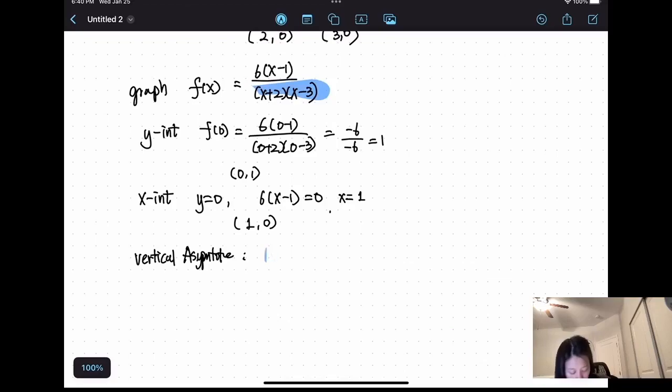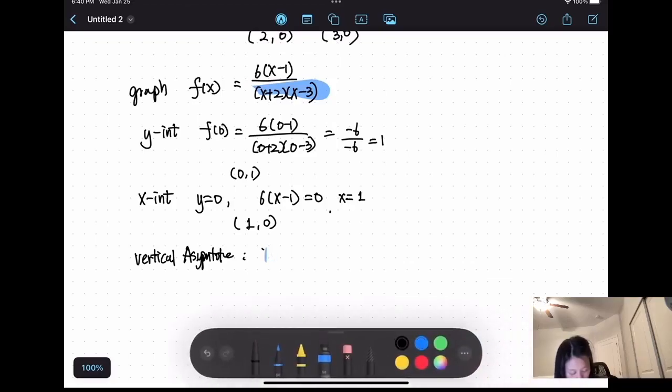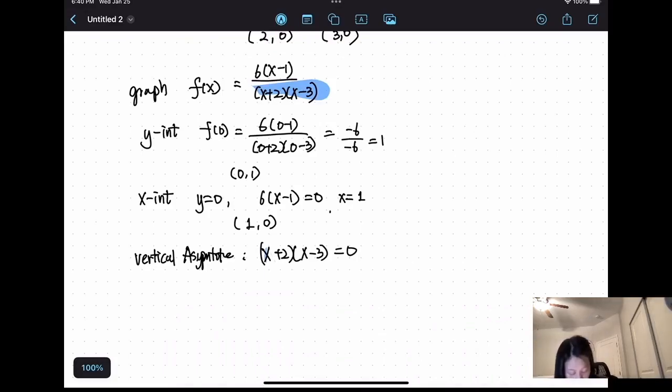So I have (x + 2)(x - 3) = 0. That is, our vertical asymptotes are x equals negative 2 and x equals 3. We have two vertical asymptotes.